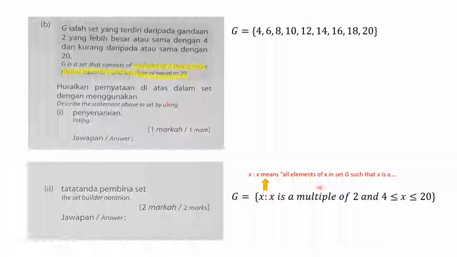And you can also see that the statement gives more than or equal to 4, but for set builder notation, you can only write the symbol instead of a whole long sentence. So this will be the set builder notation for set G.